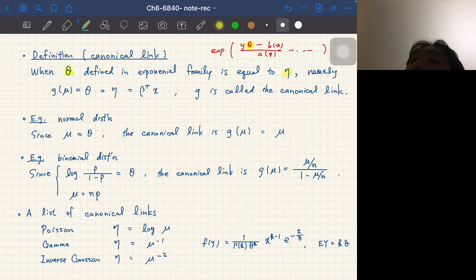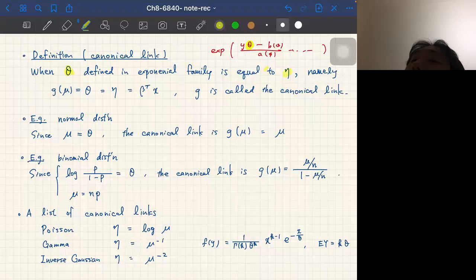And usually this is the best choice. So the procedure to fit a generalized linear model is, we think about the exponential family first. Then we identify what theta is. Theta is sometimes log of mu over 1 minus mu, or log of mu, depending on the distribution.